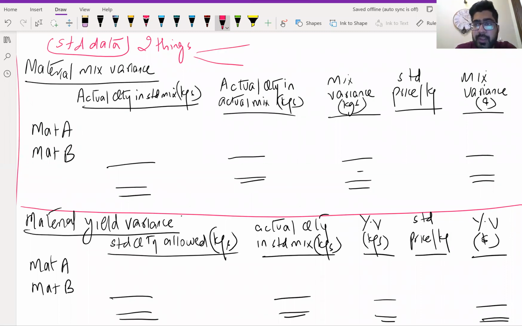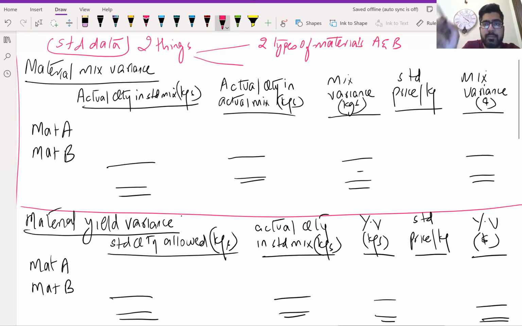The first thing, how many materials are there? There are 2 types of materials, A and B. This you should extract from the scenario before starting the solution.